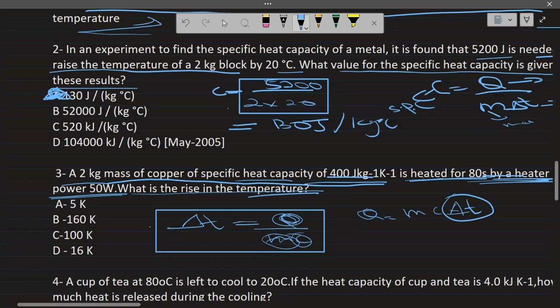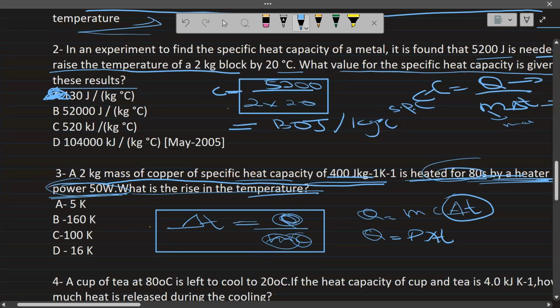But there is some other formula, which is Q is equal to power times time. We know power, and we also know time. So by this, we can find the heat: power is 50, and it multiplies with 80, we will get the heat, which is 4,000. Yes, it's 4K.